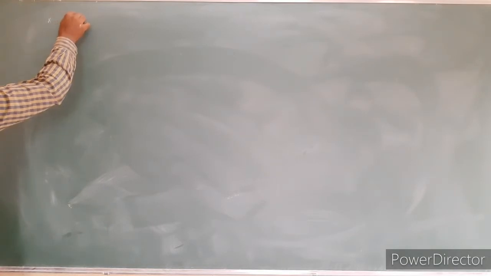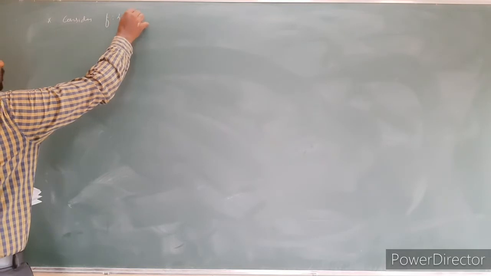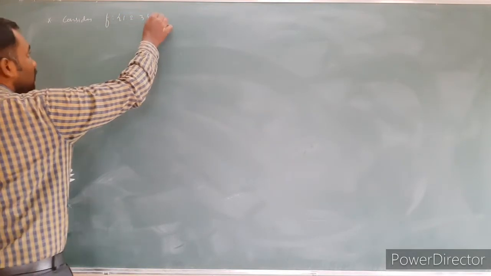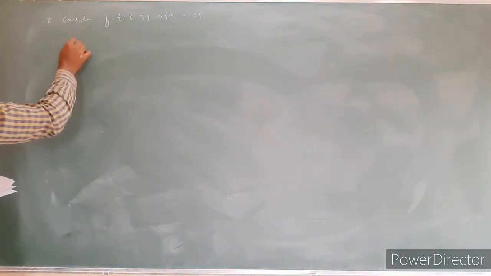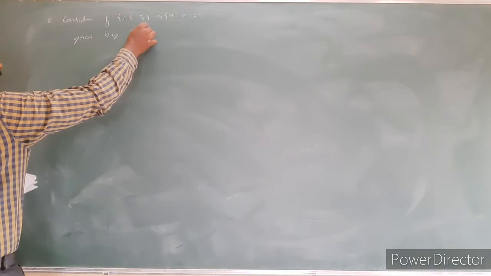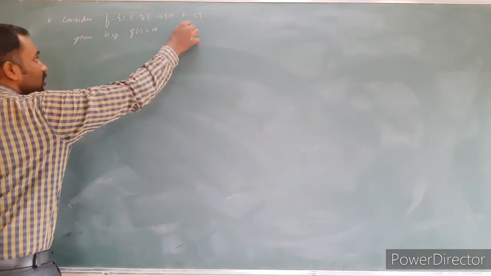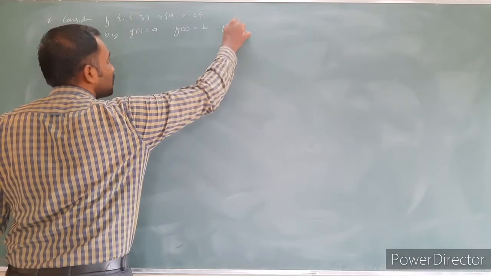Now consider an example. Consider F is a function from the set {1, 2, 3} into {A, B, C}, given by F of 1 is equal to A, F of 2 is equal to B, and F of 3 is equal to C. The function is defined from the set {1, 2, 3} to {A, B, C}, and their images are also given.